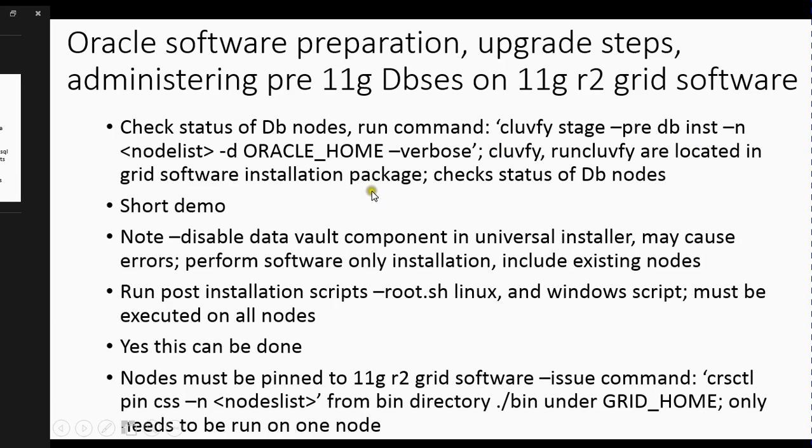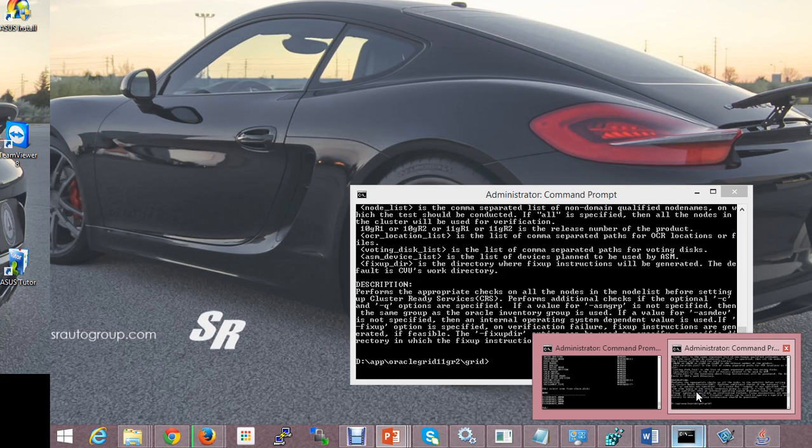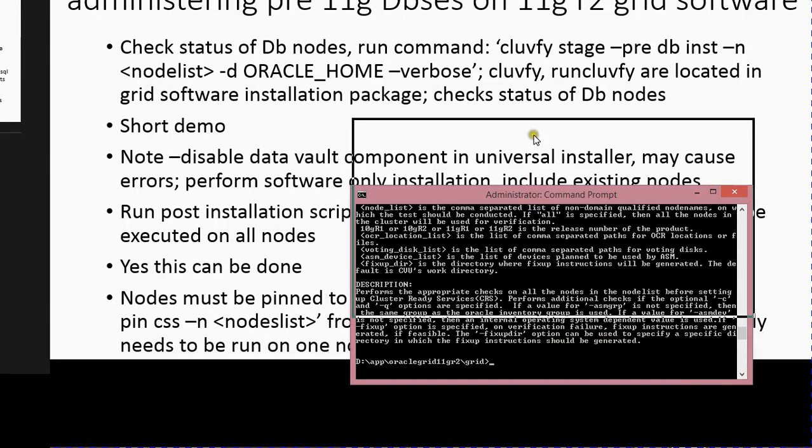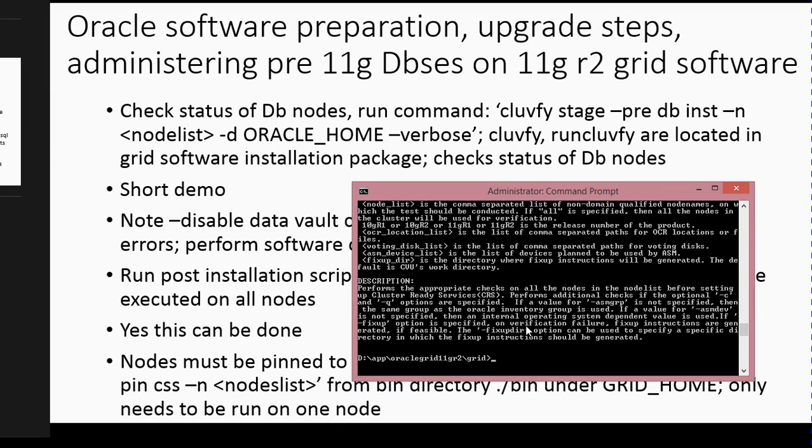So what I'll do now is I have a short demo here. I'm already in this home, and I'm running all these commands from my grid home. Let me do this again.